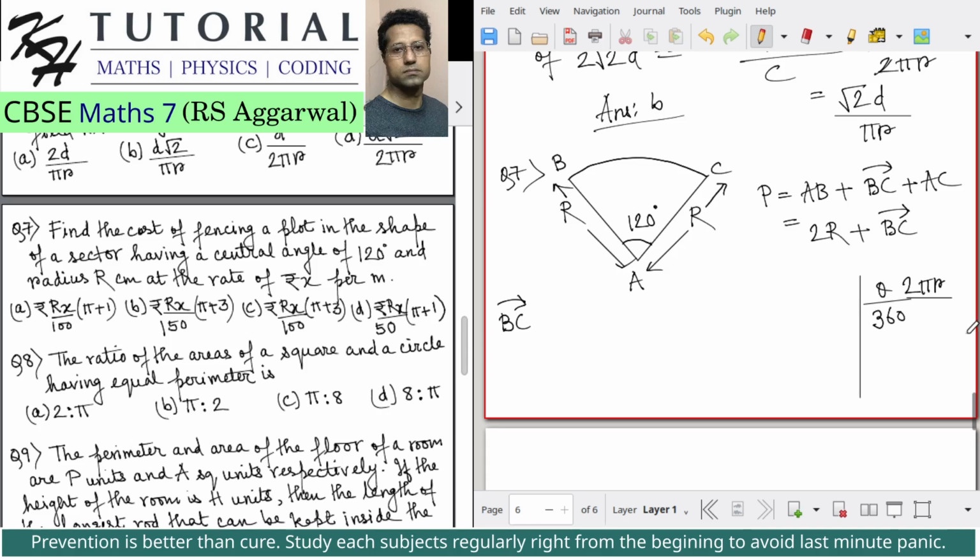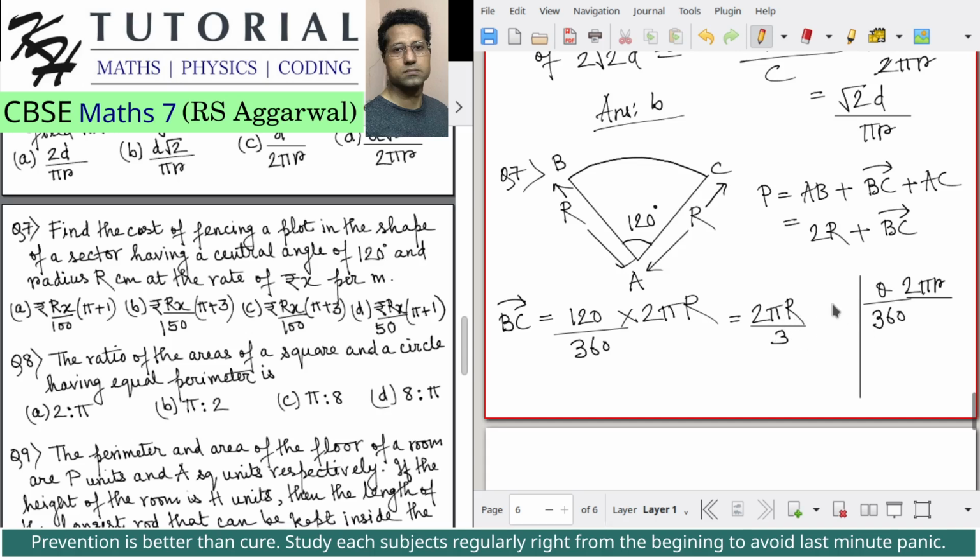In this problem, BC will be equal to, theta is 120 degrees, so 120 by 360 multiplied by 2 pi capital R. This will be equal to 2 pi R by 3.